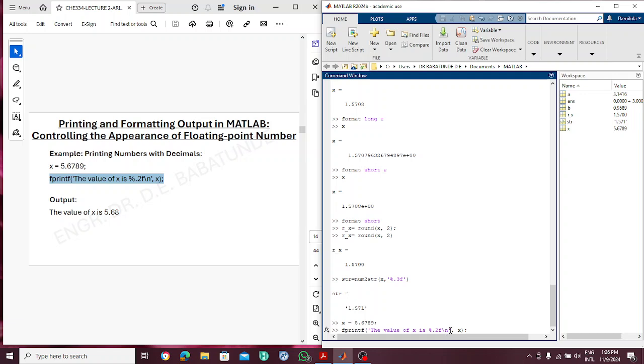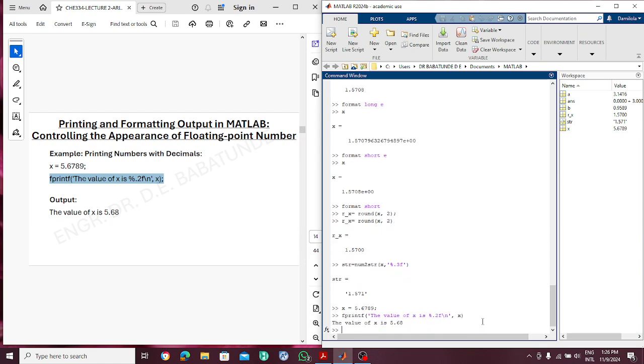Now after that, since we have created a placeholder for a variable, we include a comma and supply that particular variable that we want to pass into the placeholder. So let me press enter to see what the outcome looks like. So we have the text that says the value of x is, and in place of the placeholder, we now have the value to the number of decimal places that we specified. So we have the value of x is 5.68.